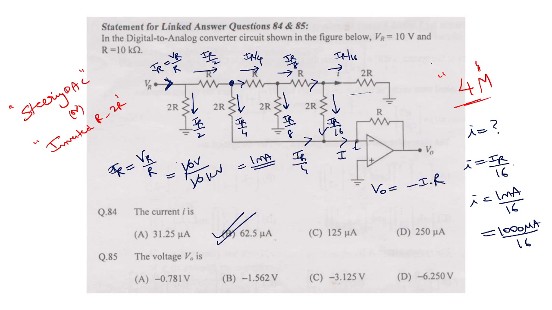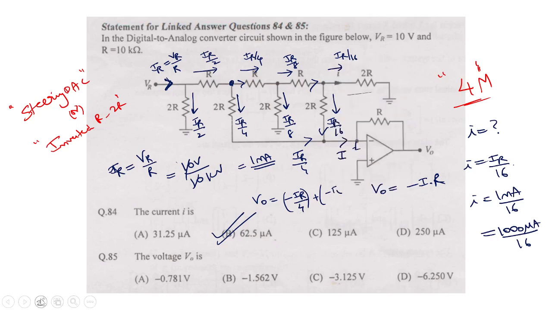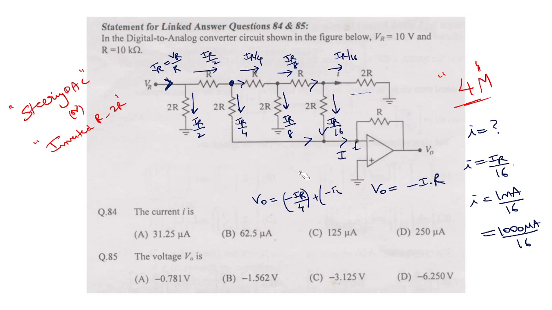Yes. So V naught is minus IR by 4. IR by 4 current is directed towards output. Let me not complicate this. Okay, this is a very easy problem.